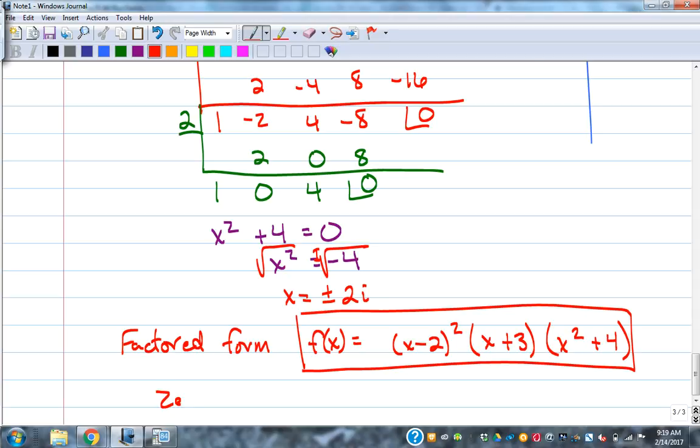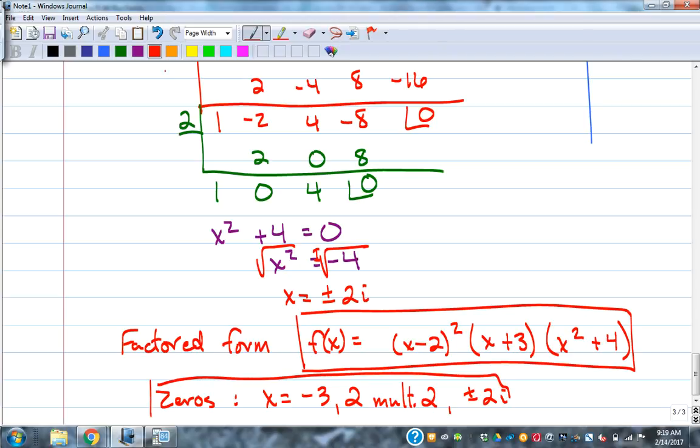And then maybe we write here the zeros. X equals negative 3, 2, with the multiplicity of 2. And then we know plus or minus 2i's there too. We'll just go ahead and list that because we know that. We're advanced. We're ahead of the game.